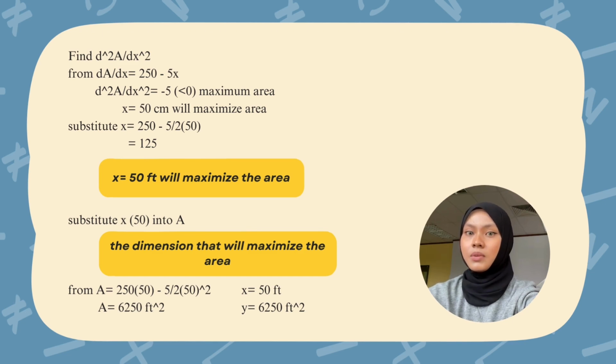Now, substituting the value of x, which is 50, back into the equation for A to find the maximum area.